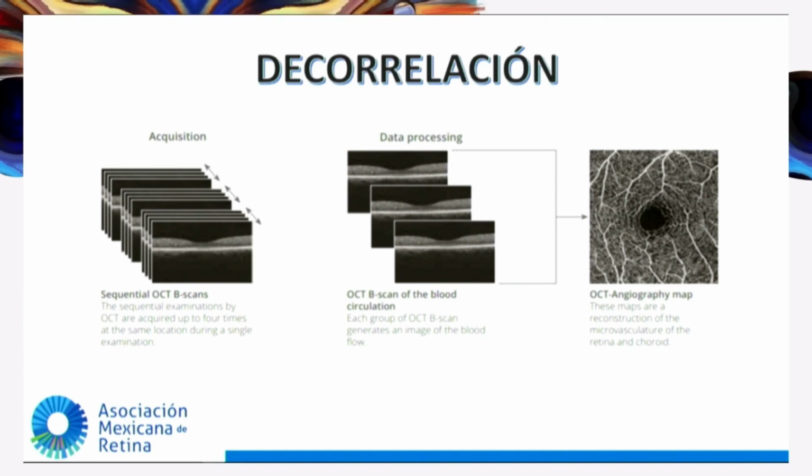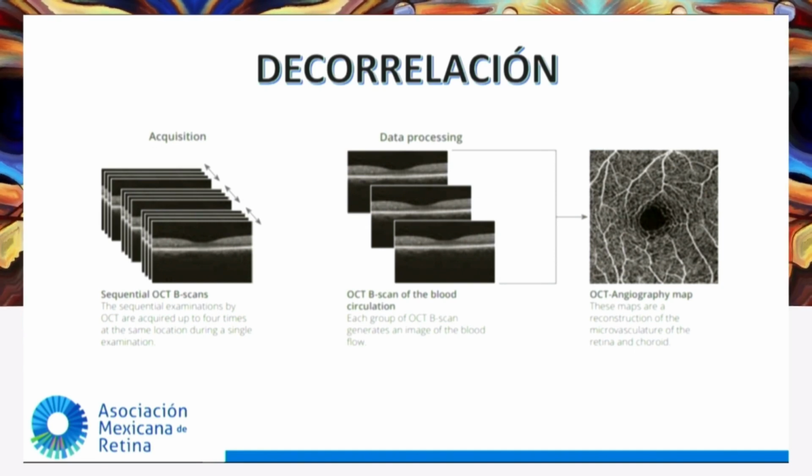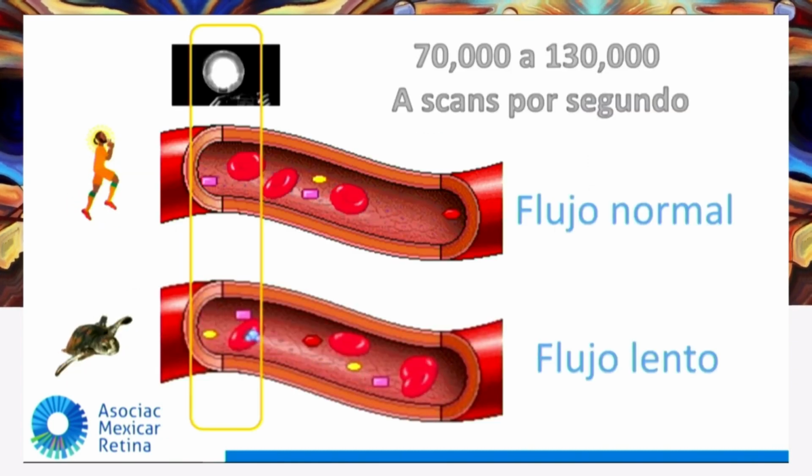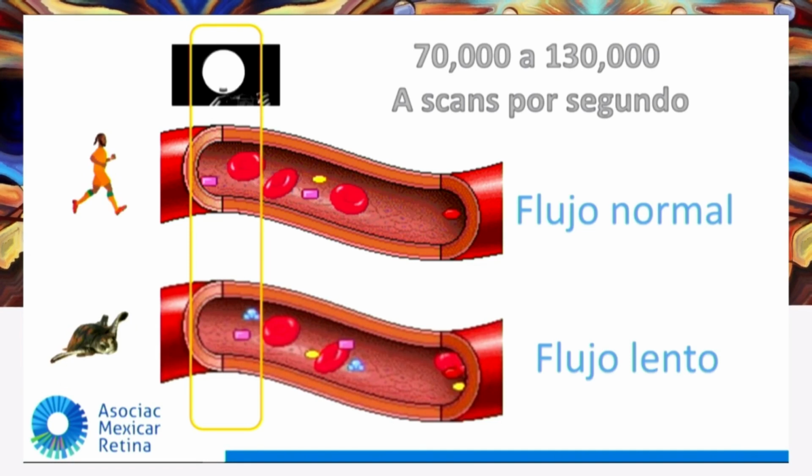So if I ask how an angiotomography, an angio-OCT works, this is what it does. It takes repetitive scans horizontally and vertically, it decorrelates them, and it yields a coronal image. And so this is an easy understanding of how an angio-OCT works.